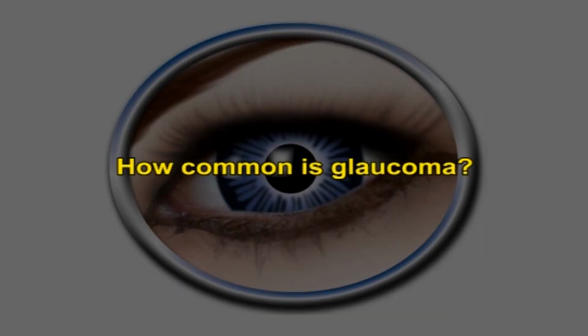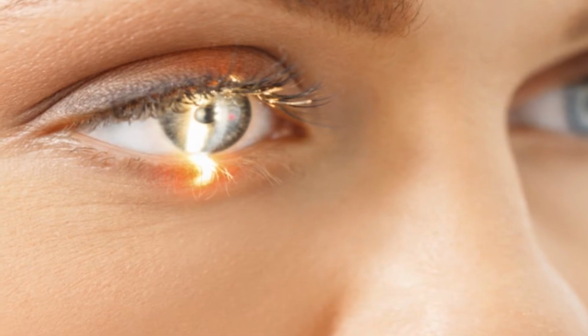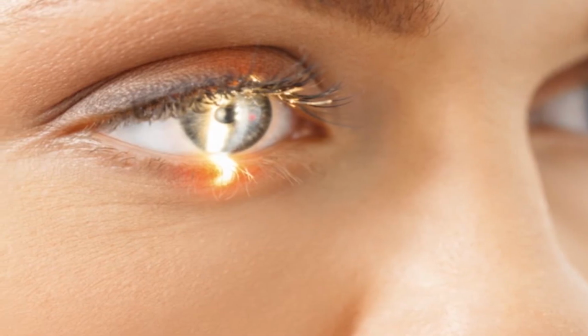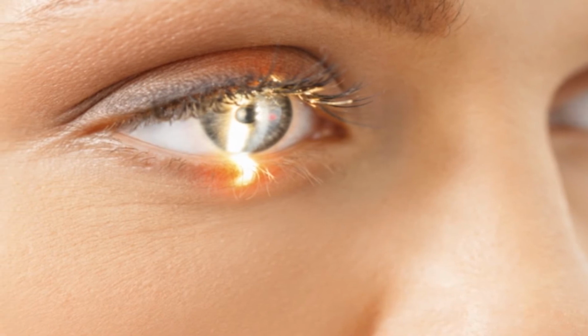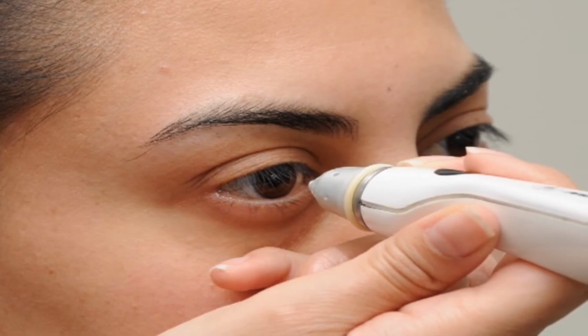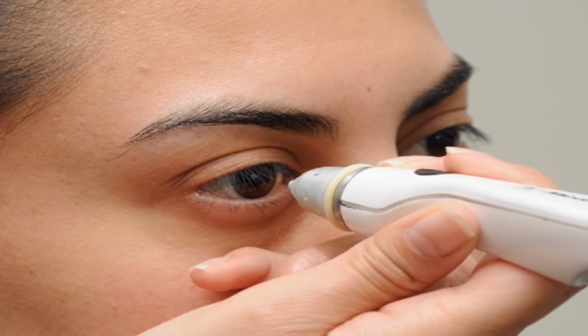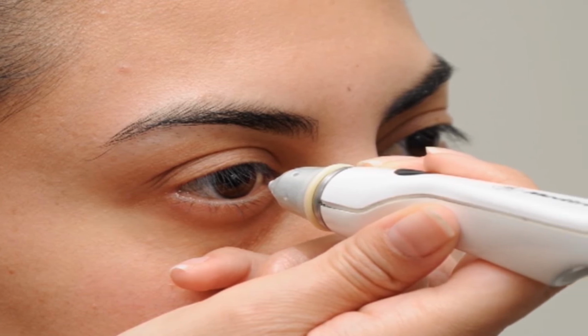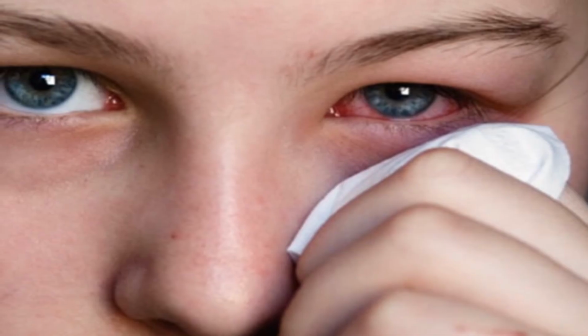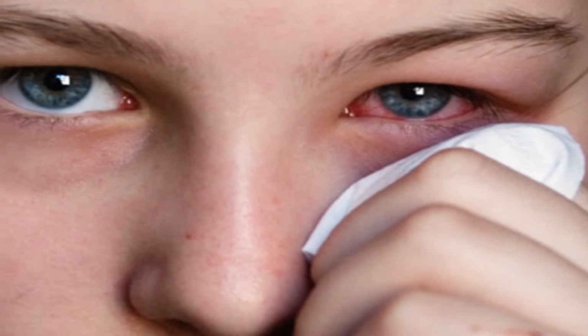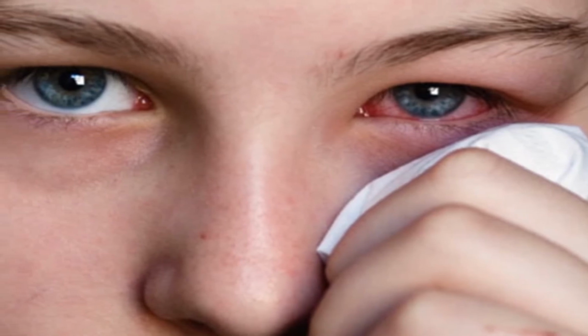How common is glaucoma? Worldwide, glaucoma is the leading cause of irreversible blindness. In fact, as many as 6 million individuals are blind in both eyes from this disease. In the United States alone, according to one estimate, over 3 million people have glaucoma.